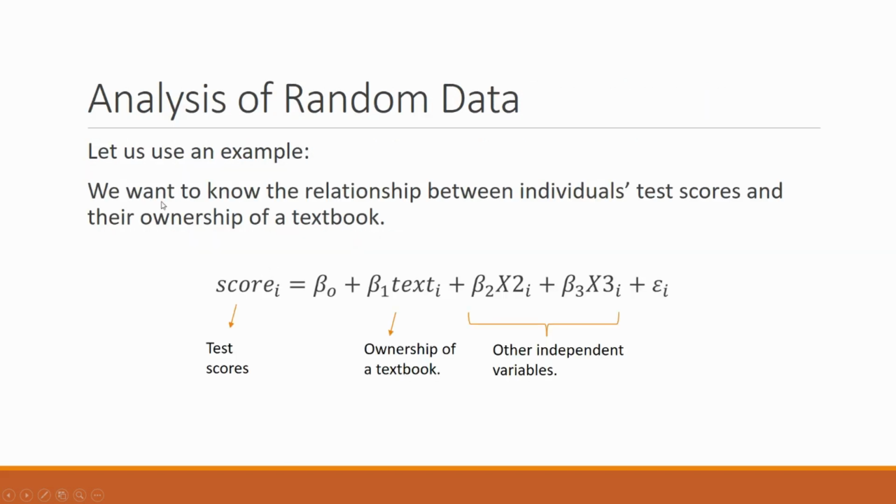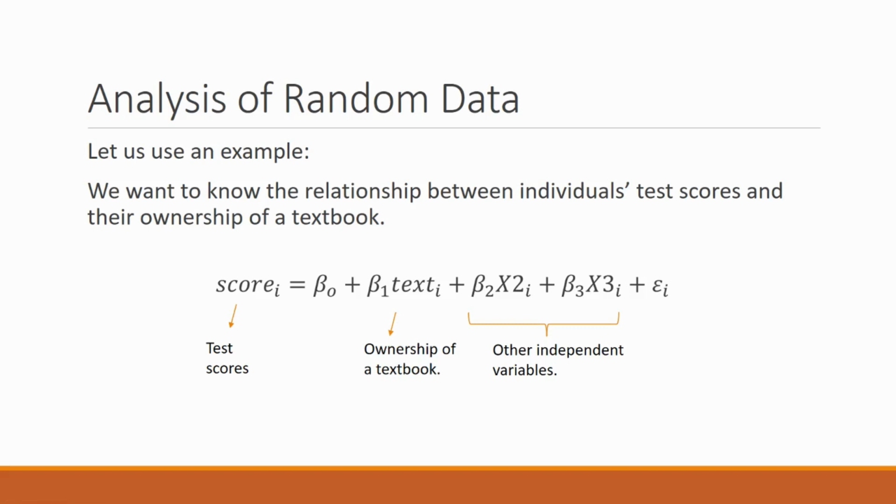Here's an example. We want to know the relationship between individuals' test scores and their ownership of a textbook. Okay, this is the same example we used from last lecture. We want to know the causal impact of ownership of a textbook on students' test scores. So what is the causal impact of owning a textbook? If a student owns a textbook, how much does that increase their test scores?